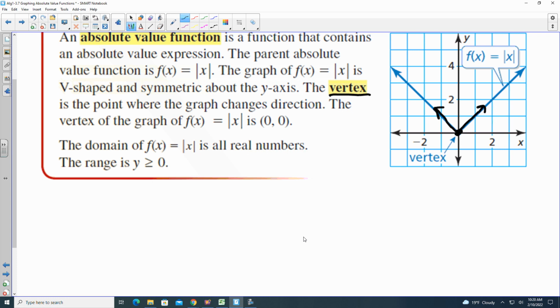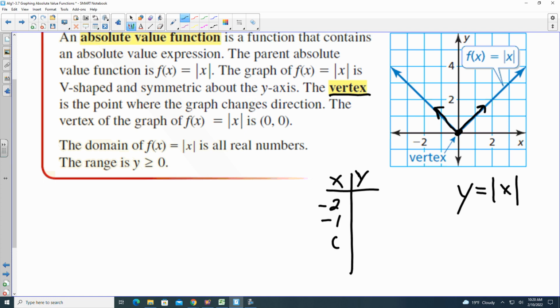The reason for that is this. Let's say we were going to make a table using f of x is equal to the absolute value of x, but I'm just going to change it to y is equal to the absolute value of x. So let's say I picked some values for x, like -2, -1, 0, 1, and 2.